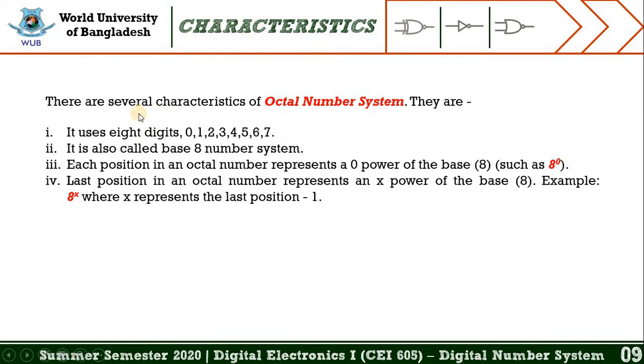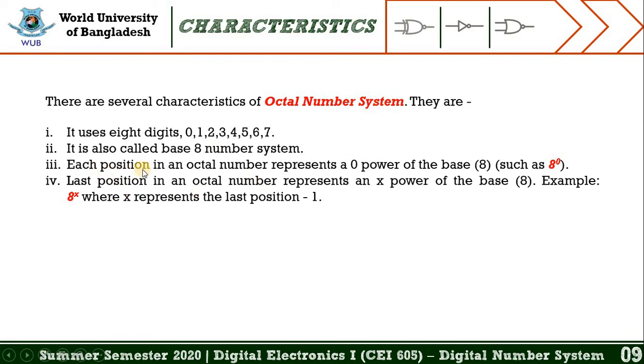Well, from this slide we may learn the characteristics of octal number system. So let's begin. There are several characteristics of octal number system. It uses 8 digits, such as 0, 1, 2, 3, 4, 5, 6 and 7. Next, it is also called base 8 number system.